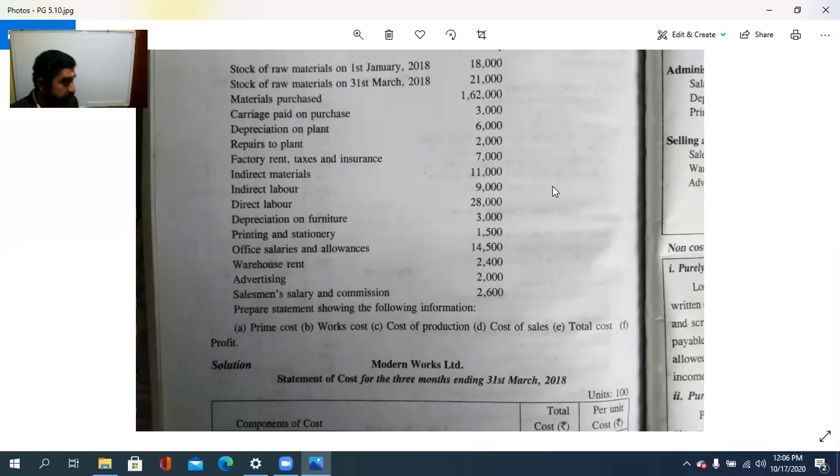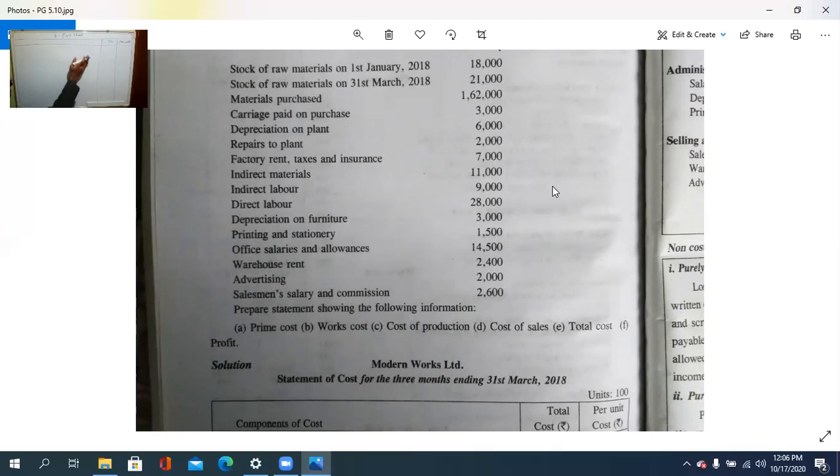So we will start with that cost sheet. That is the detailed cost sheet. How many columns? Two columns: per unit and the total.